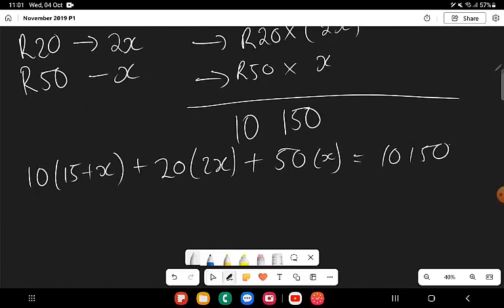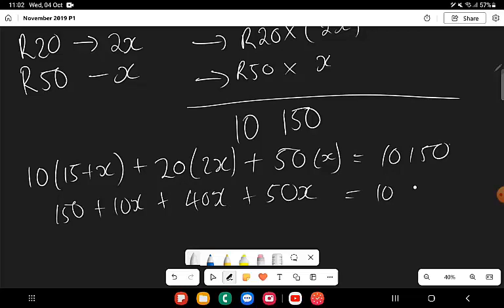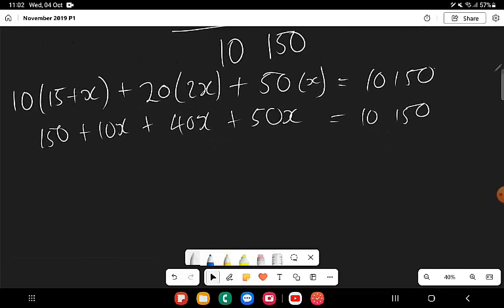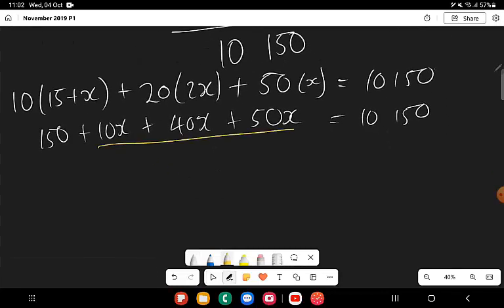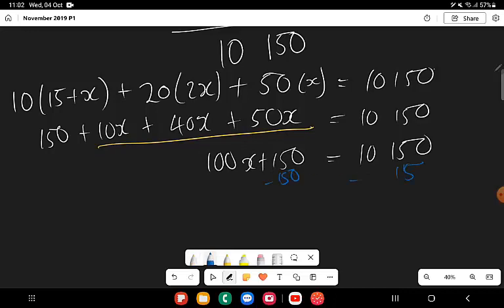Now I'm going to expand, and I'm going to say 150 plus 10x plus 40x plus 50x is equal to 10,150. Now I'm going to add like terms, which is all my x's here. 10x plus 40x plus 50x is 100x, plus 150 equals 10,150. Then I subtract 150 from both sides.